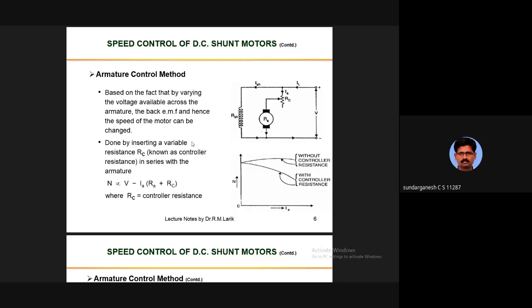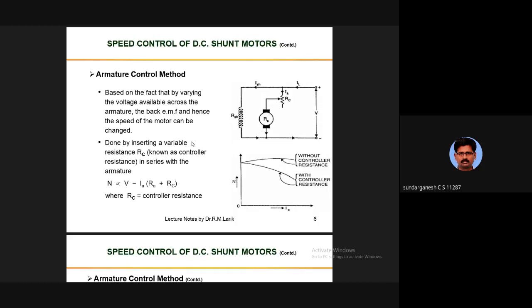For this connection, I am keeping a rheostat in series with the armature. In the diagram, you can see there is a rheostat in series with the armature. I am inserting a variable resistance Rc. A variable resistance is known as a rheostat. So Rc is the controller resistance in series with the armature.